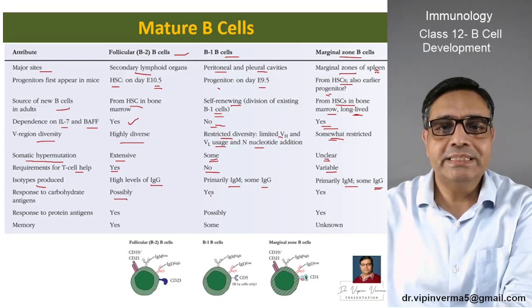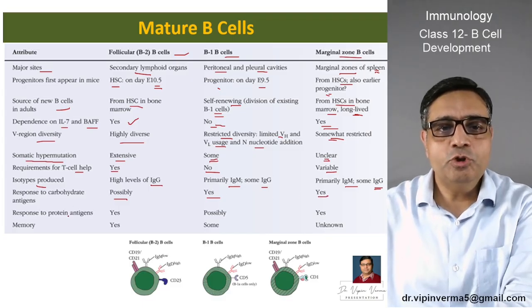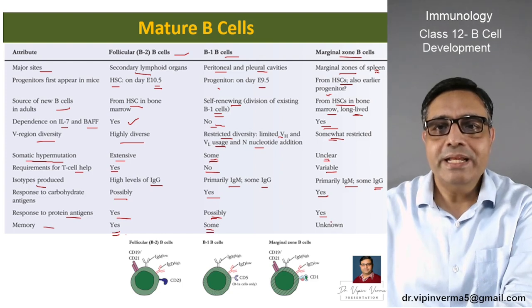In case of B1 B cells, yes, and yes for marginal zone B cells as well. The response to protein antigen is definitely yes, in B1 B cells it is possible, and in marginal zone B cells it is yes. Now, if we see the memory production, yes in case of B2 B cells, yes in case of B1 B cells, while in marginal zone B cells it is unknown.